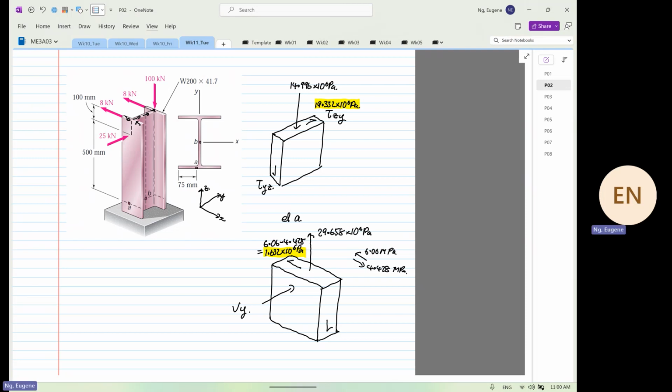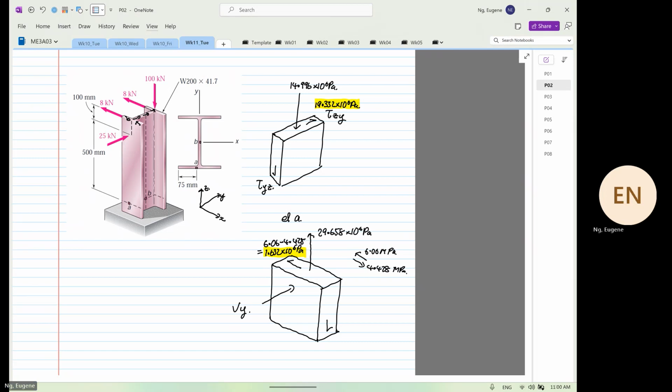What you observe for element A is that the shear stress value is very low. Yes or no? If you look at element B, it's higher relative to the normal stress, right? Then the thing comes to your mind.